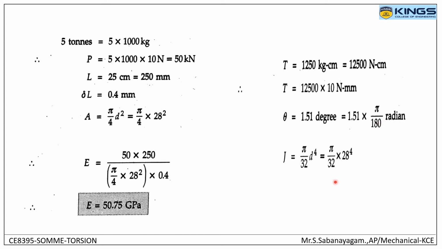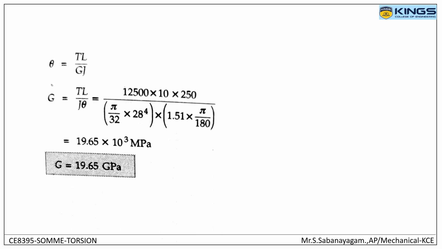And also the polar moment of inertia J becomes, it's a solid one, right? So pi by 32 d power 4 will be the relation to find the polar moment of inertia. So pi by 32, diameter is 28. So substituting these data, we will get theta is equal to TL by GJ, that is T by J is equal to G theta by L is the relation, and it is converted into theta is equal to TL by GJ.